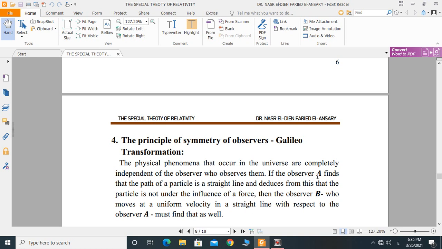If the observer A finds that the path of a particle is a straight line and deduces from this that the particle is not under the influence of a force, then the observer B, who moves at a uniform velocity in a straight line with respect to the observer A, must find that as well.